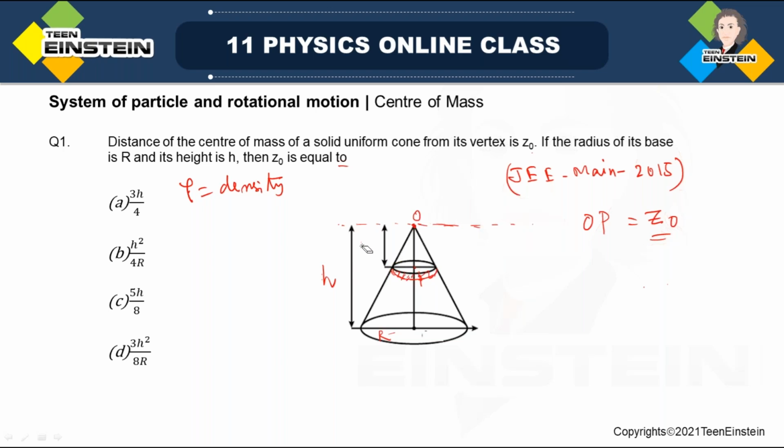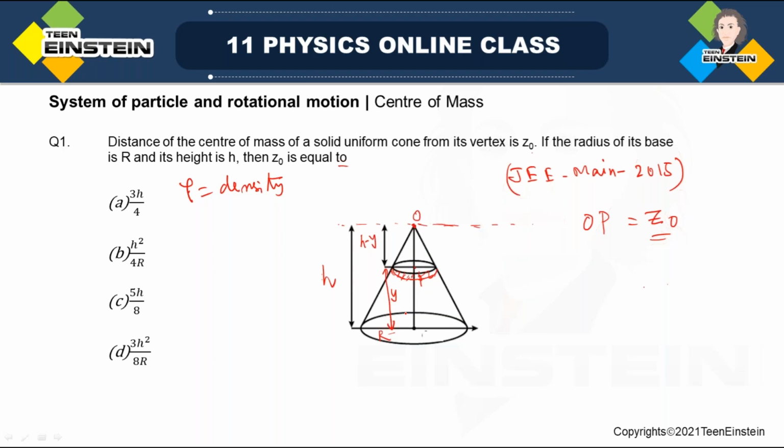Let me just take the distance y from the bottom, so this will be h minus y, which is the distance z0 actually.